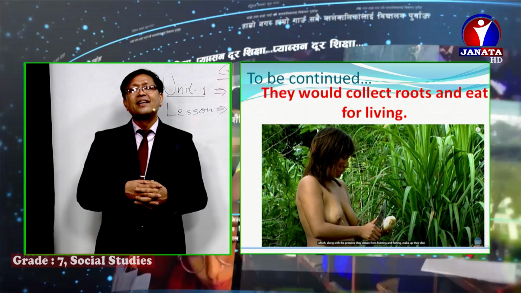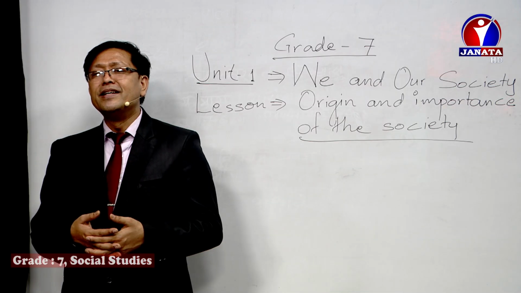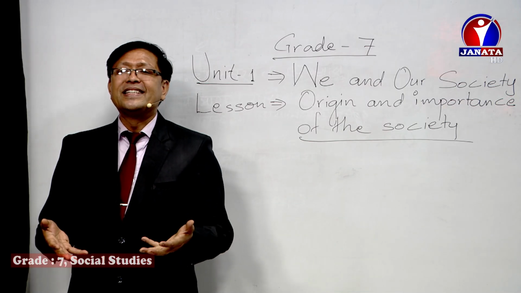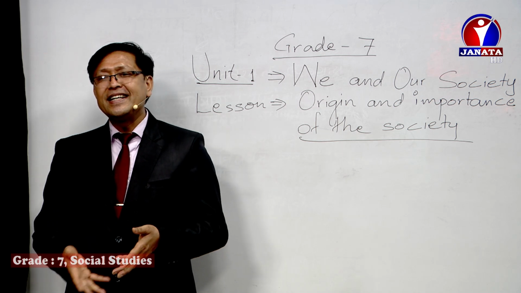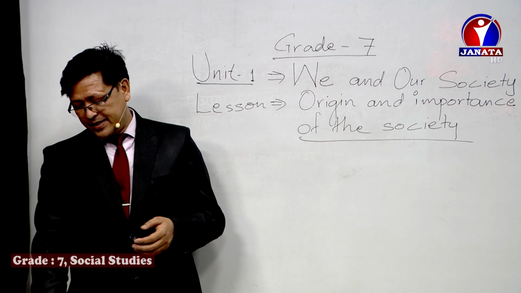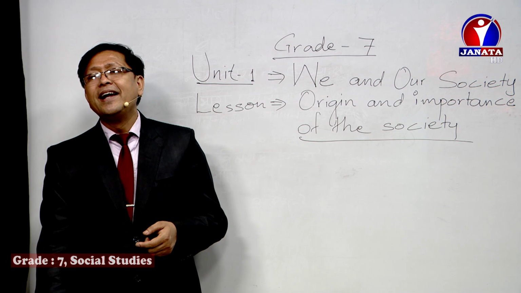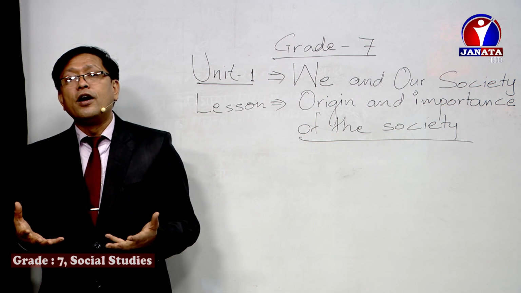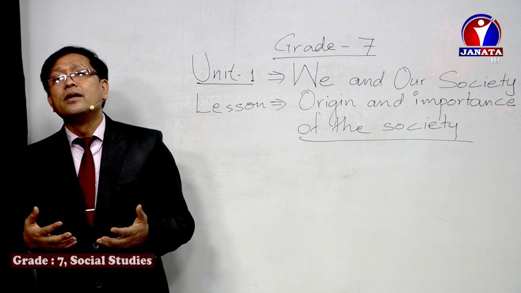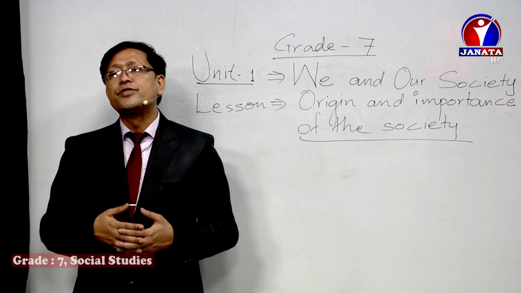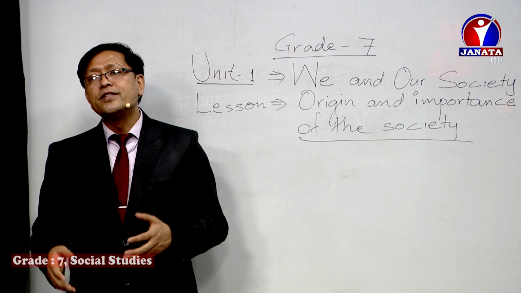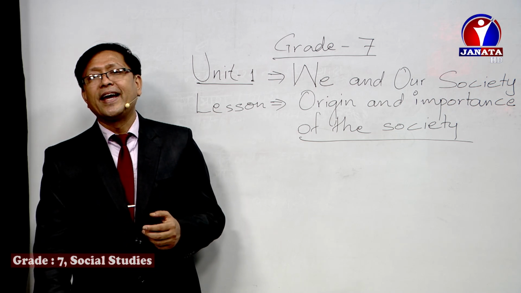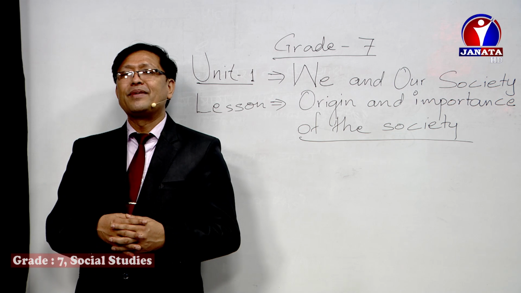Look at it. You can see in the image there is one woman, right? She did not even have a dress, and she is cutting a wild root. So when they did not get fruit, when they did not get animals for hunting, then they would use the wild root.